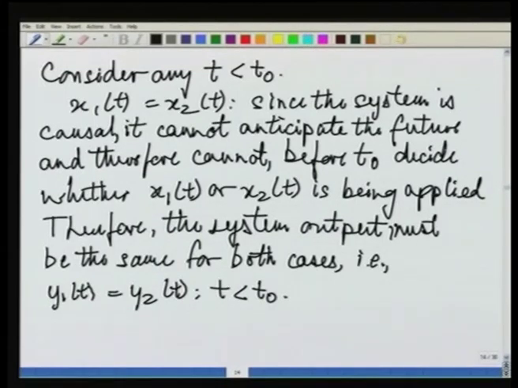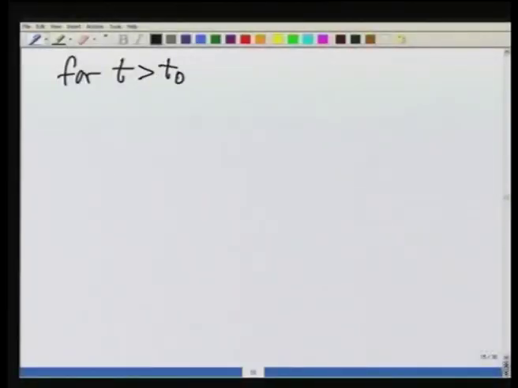However, when you consider points t greater than t naught, things get straightened out. For t greater than t naught, x1 and x2 will diverge.